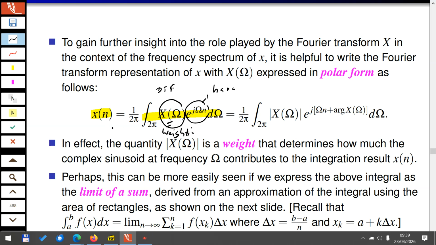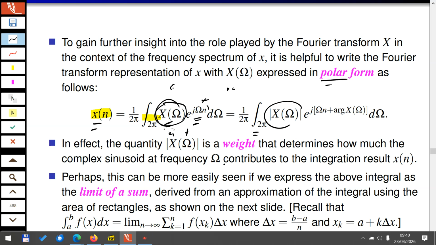So this is the physical meaning of this inverse transform. You want to express a discrete time signal in terms of these periodic harmonics, and this transform tells me how much of that particular harmonic or frequency I need. Because this is periodic, you only need to integrate this over one period. And because we also know it's a complex number, a complex number can be written in polar form.